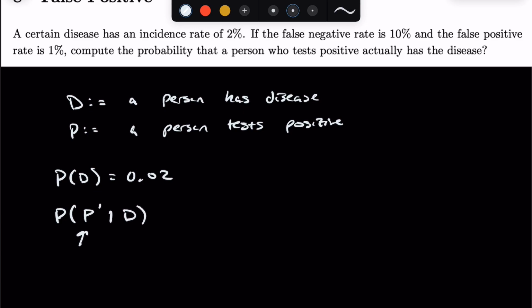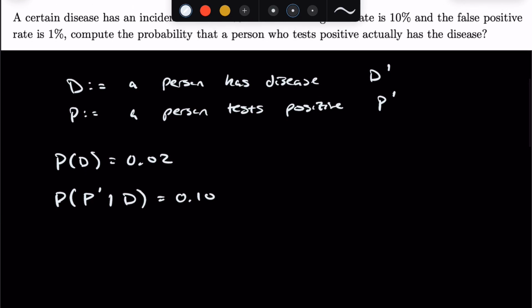That's P prime given D. Just to go back a little bit, D prime corresponds to the event that a person does not have the disease, and P prime that a person tests negative. So the probability that a person tests negative given that they do have the disease, a false negative, is 10%, 0.10.